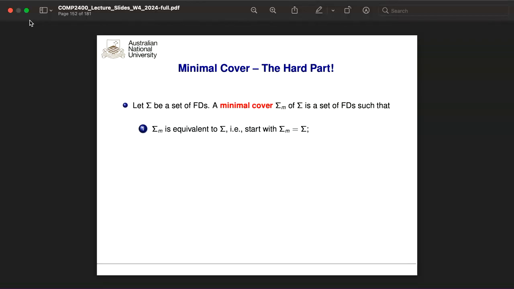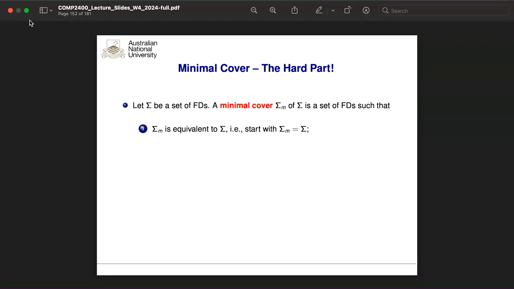So why do we need minimal cover? Think about the functional dependencies we talk about. When we talk about implied functional dependencies, that's all the semantic information it captures. But if we don't look into a minimal set of functional dependencies, we could have redundant functional dependencies. Redundant means some functional dependencies are not needed.